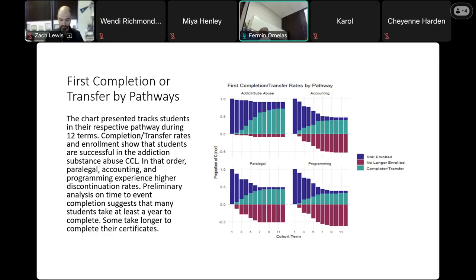Accounting particularly, maybe because of the complexity of the subject and the amount of work that they have to do, that might be a challenge for them. The fact that there are only 15 credits, they should complete them. I have the list in some other file, right?